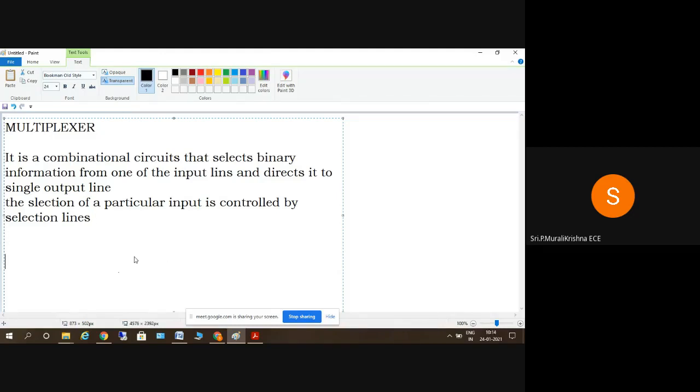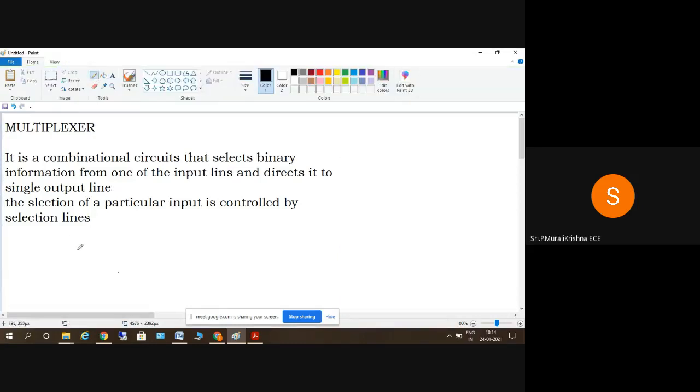In general, if I have 2 power n input lines for a multiplexer, we'll have only one output, and that output is one among these 2 power n input lines.